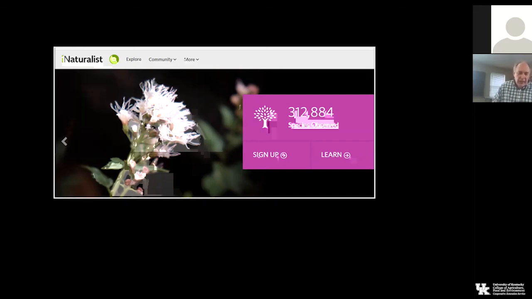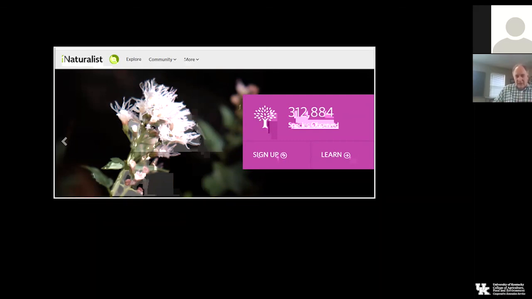And I tried this on buckeye the other day. I had picked up a buckeye and it had no leaves on it, of course. And I took a picture of it, and within 15 seconds, it had brought back to me the answer that it was one of the buckeyes.